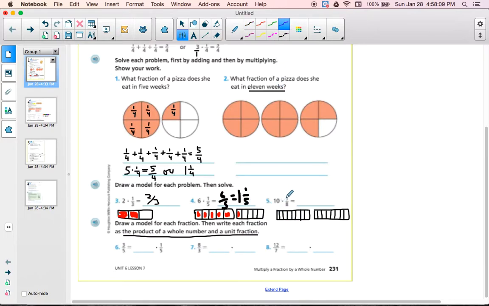Here's 10 times 1/8. Okay. The denominator is telling me again, divide the fraction bar into eighths. And then I need 10 1/8. 1, 2, 3, 4, 5, 6, 7, 8, 9, 10. Okay?